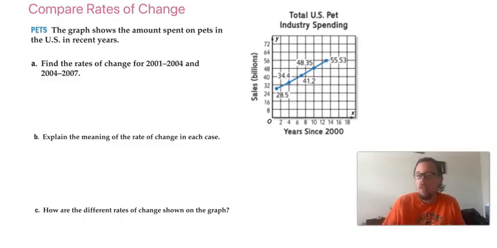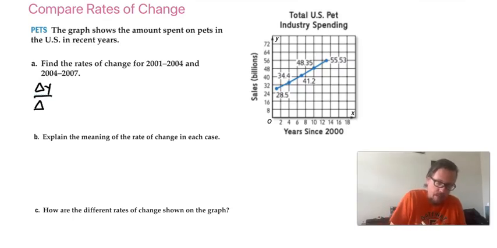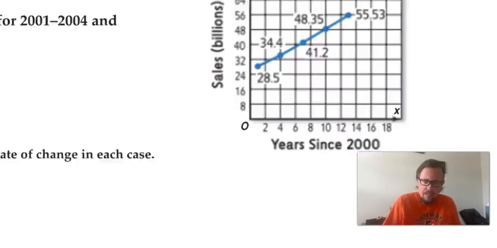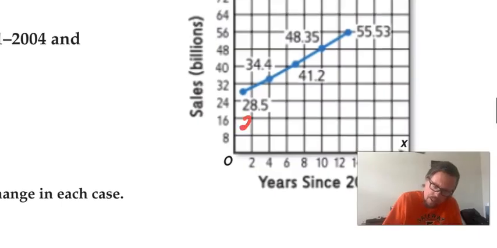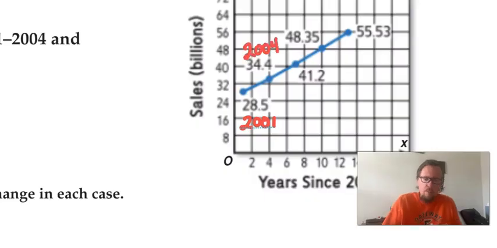And as we've learned already, to find rate of change, we need to do the change in y over the change in x, which we abbreviate delta y over delta x. And let's start off by doing the 2001 and 2004 points. The years since 2000 is the label on the bottom. So 2001 is this 28.5, and then 2004 is this 34.4.